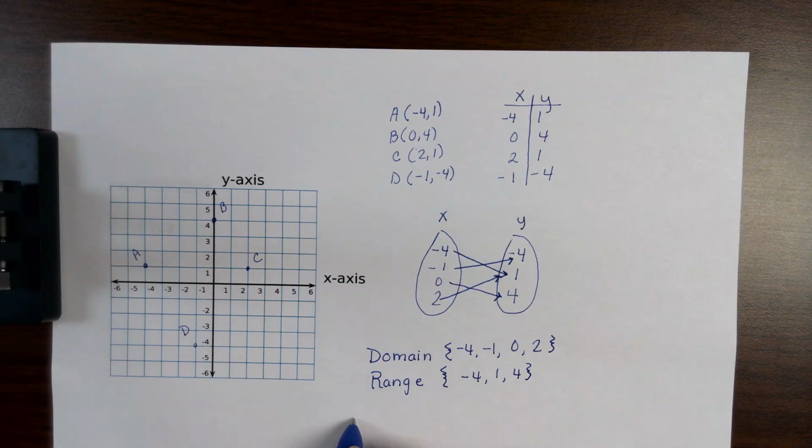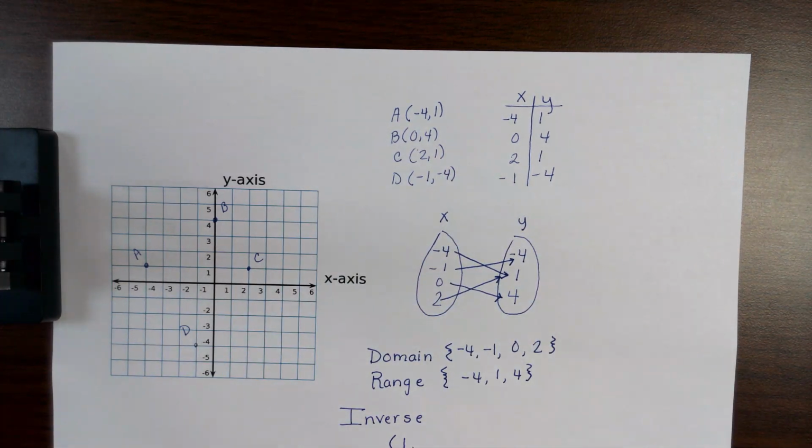If they ask me for the inverse relation here, I would just switch the x and the y. So then I would have 1, -4, 4, 0, 1, 2, and -4, -1.